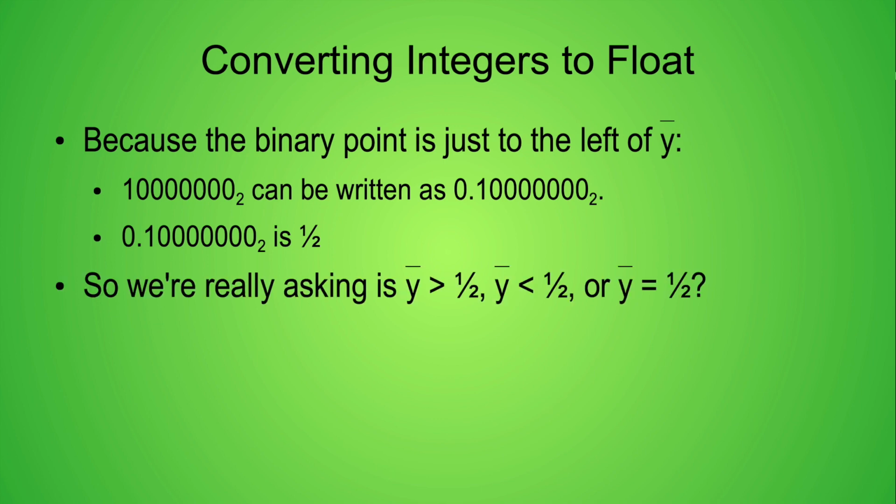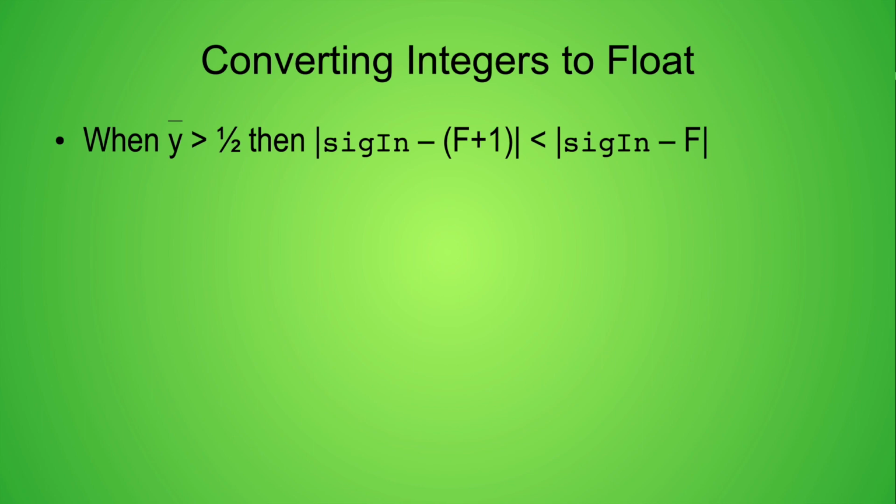So we're asking, is Y bar greater than 1/2, less than 1/2, or equal to 1/2? When Y bar is greater than 1/2, that says the distance from sig n to F plus 1 is less than the distance from sig n to F. That is, sig n is closer to F plus 1 than it is to F, so we need to round sig n up to F plus 1.